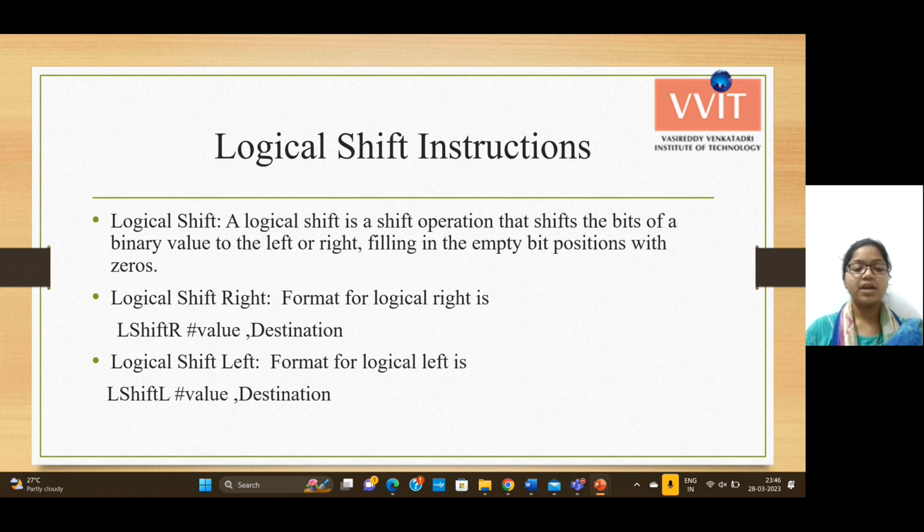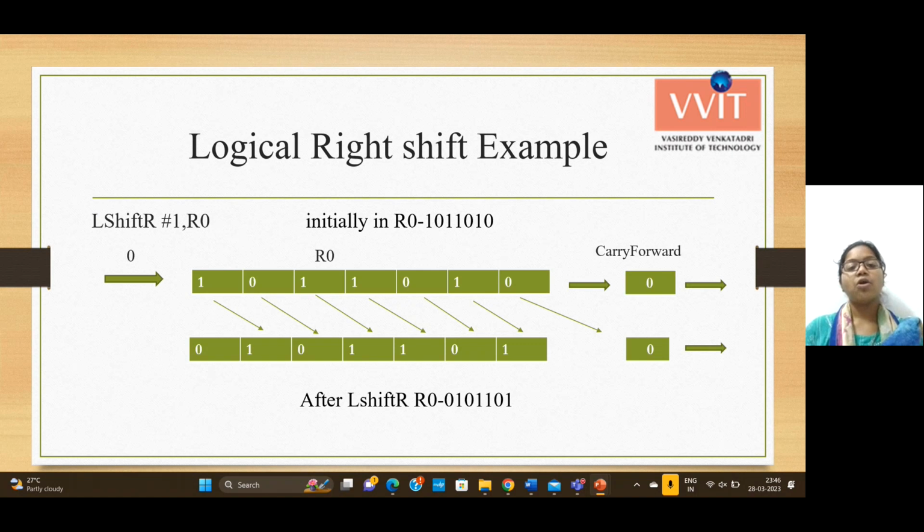Let's see an example, logical shift right and logical shift left. First, logical shift right example. Here, LSR hash 1 comma R0 means the logical shift right should be performed once on R0. Initially, the binary value stored in R0 is 10111010.